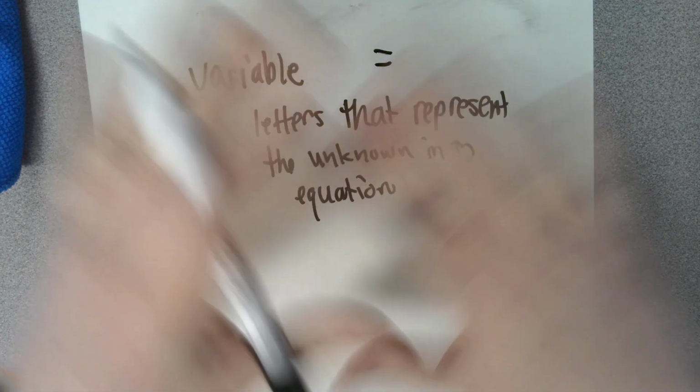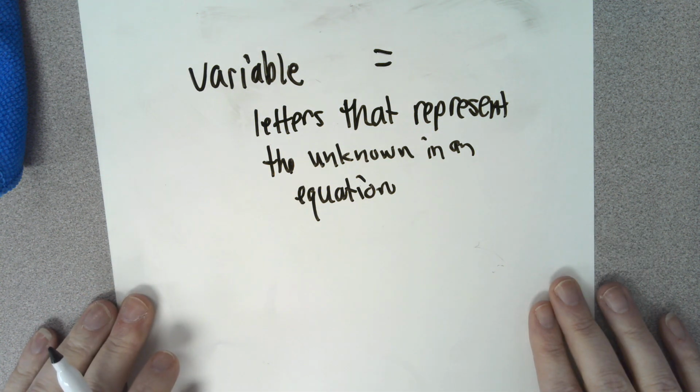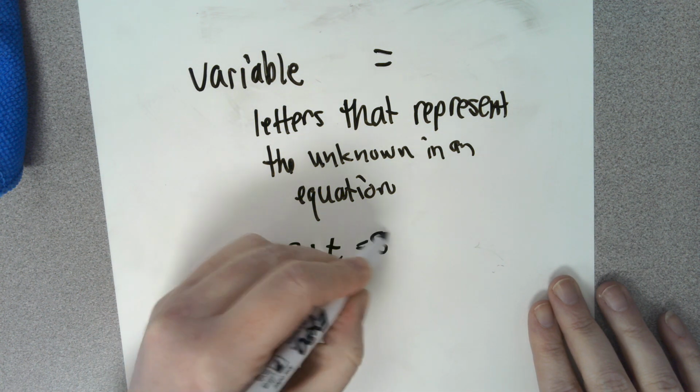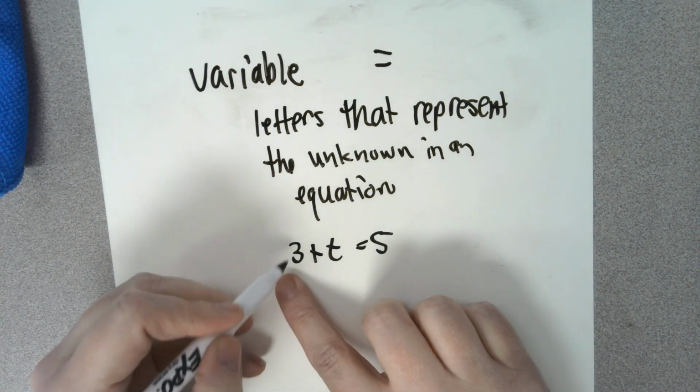So that's basically that. So you could have 3 plus t equals 5, and then you would just solve it.